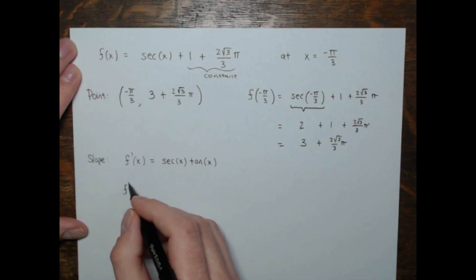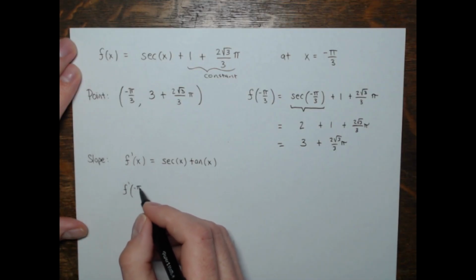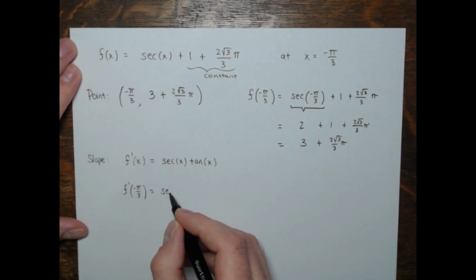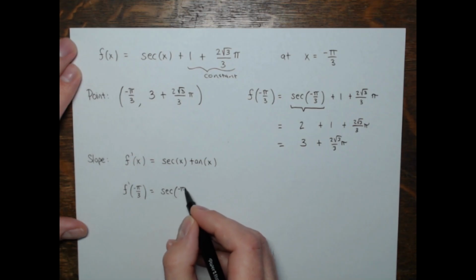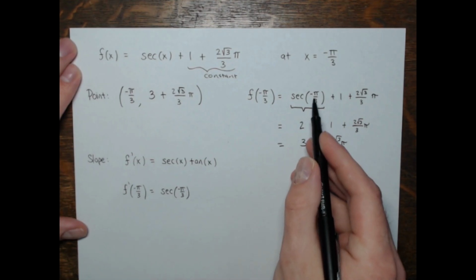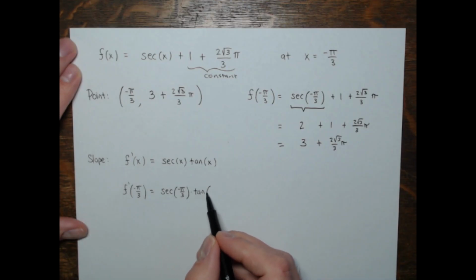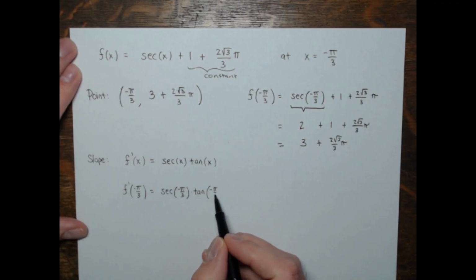Then at negative pi over 3, we got the secant of negative pi over 3, which we just saw was 2, times the tangent of negative pi over 3.